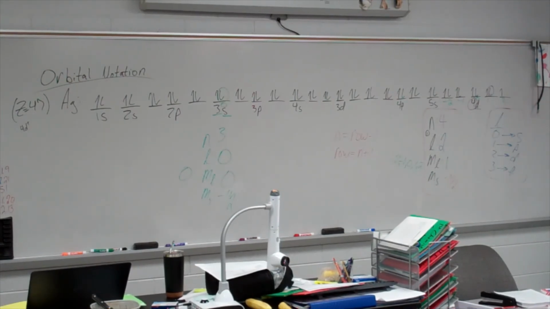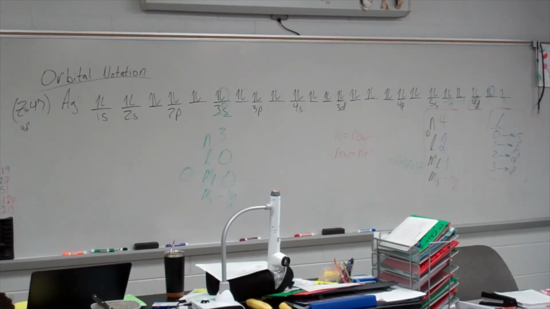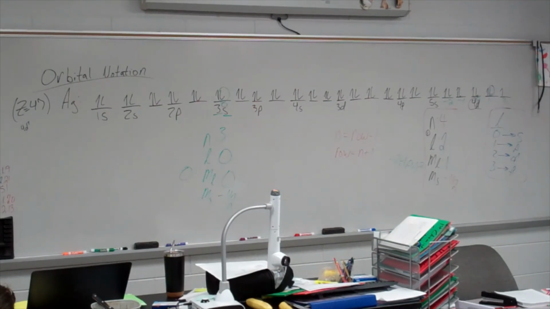Then I look at m sub L. m sub L is 1. Now I've narrowed it down again, to the 1 column. Now, is it the plus 1/2 or negative 1/2? Negative 1/2, so I know it is silver.